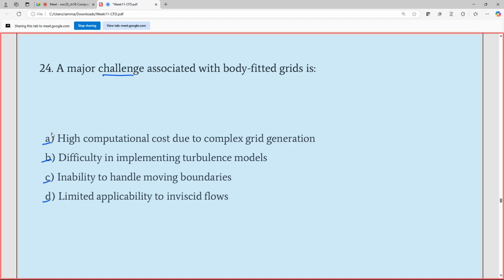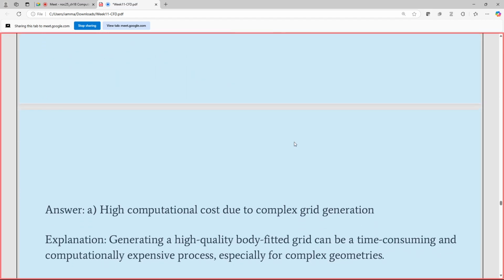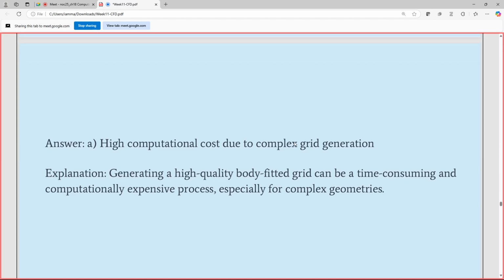The answer is option A. High computational cost due to complex grid generation. Generating a body fitted grid itself is a difficult method, so it will need comparatively more computational resources compared to other methods of grid generation.